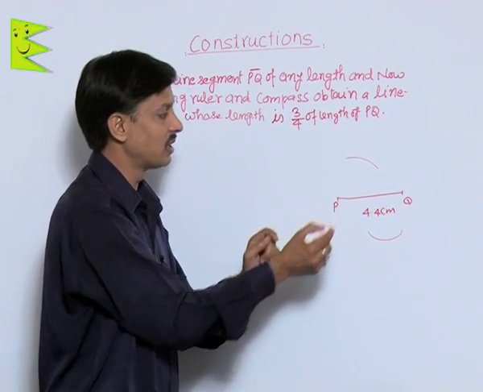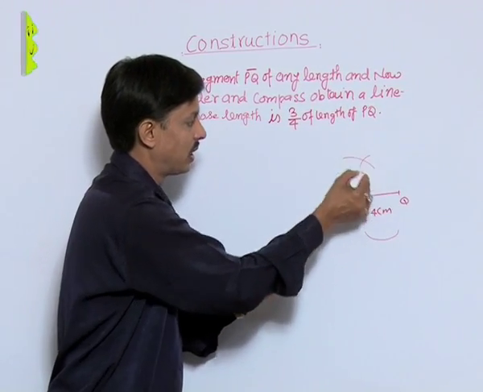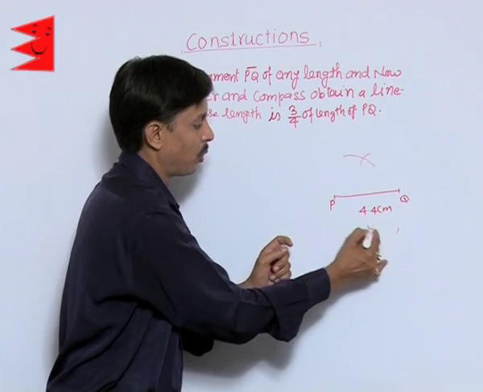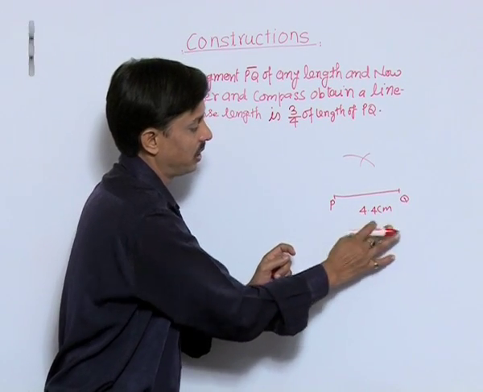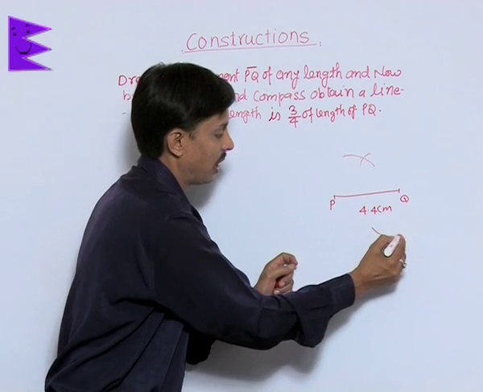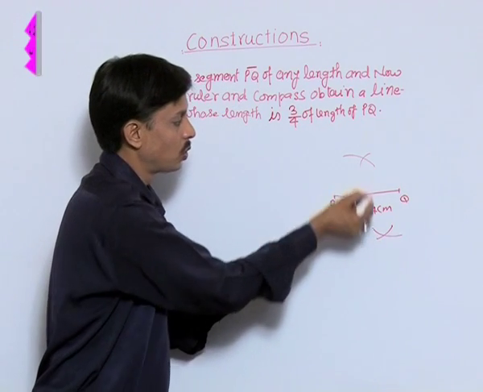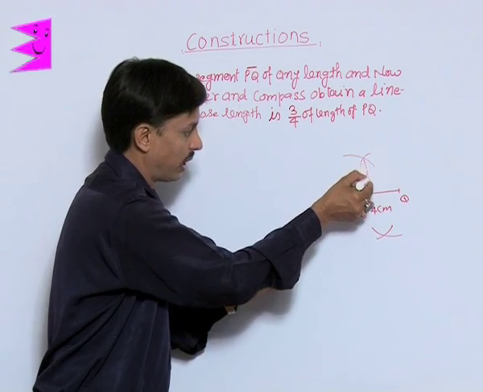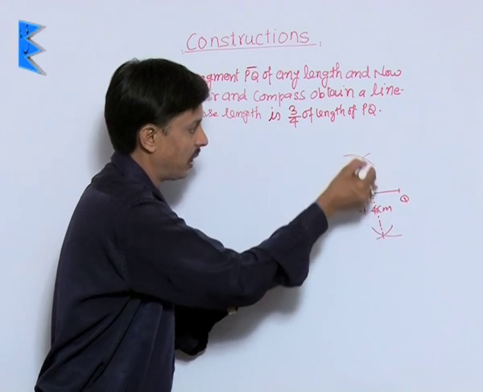With the same radius, when we are taking Q as center, suppose these are the arcs intersecting here. In fact, I am drawing it roughly, so you can now join these 2 points of intersection.